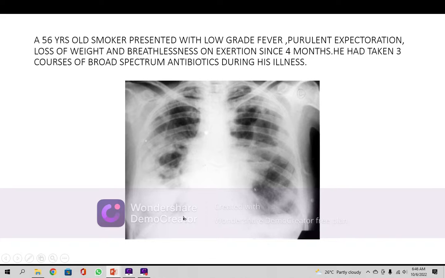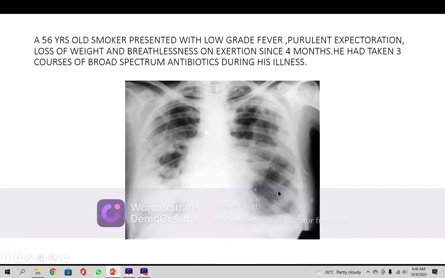The other investigations you can do are systemic investigations along with it: CBC, ESR, and acute phase reactants like CRP, etc. If all cannot be diagnosed, then we go directly to biopsy of the lesion, CT guided or ultrasound guided, and see what is there, to confirm with 100% direct evidence.